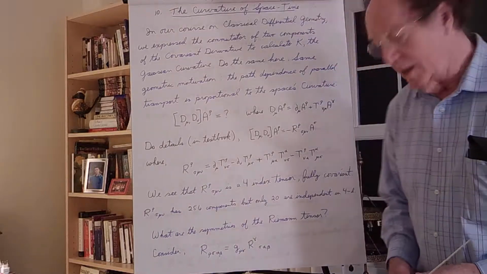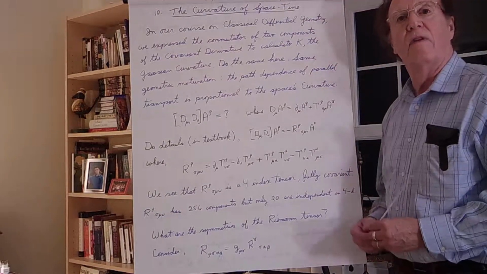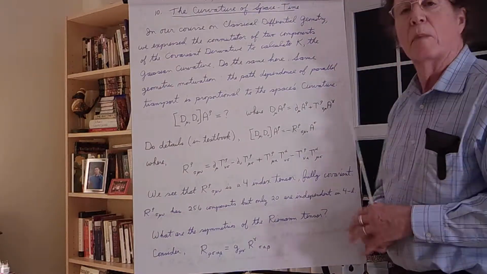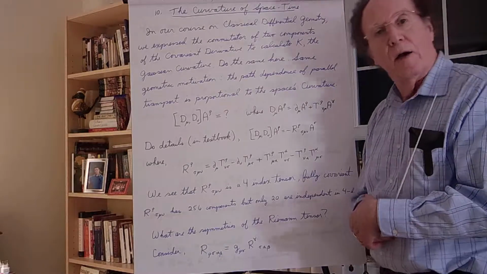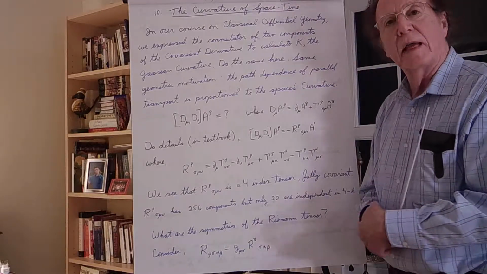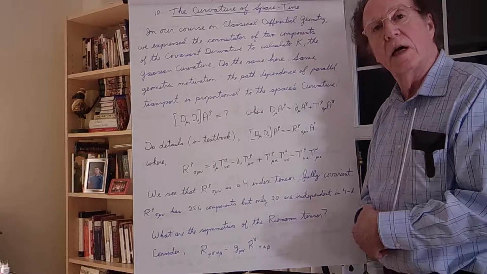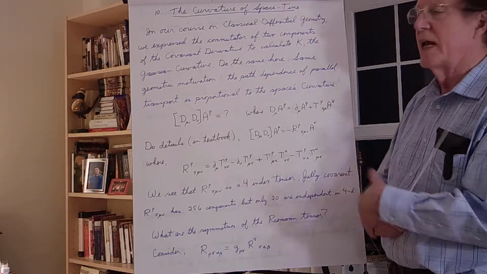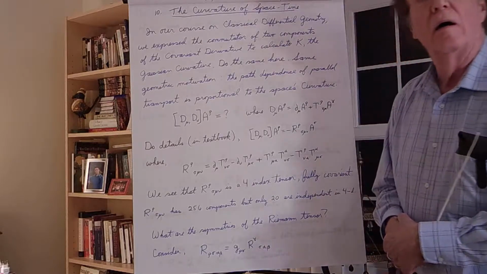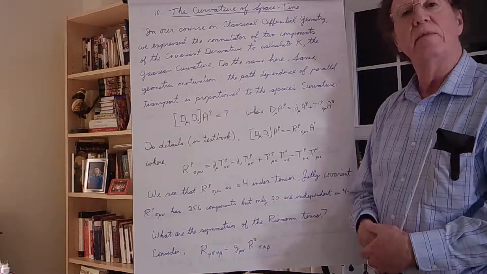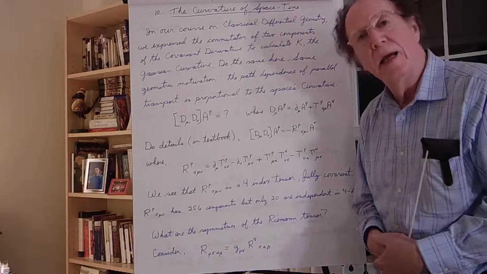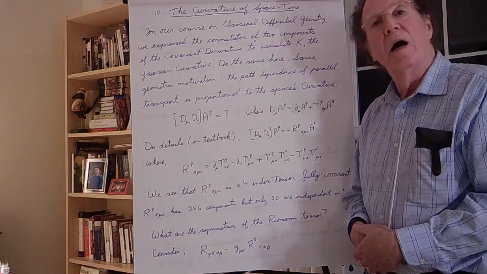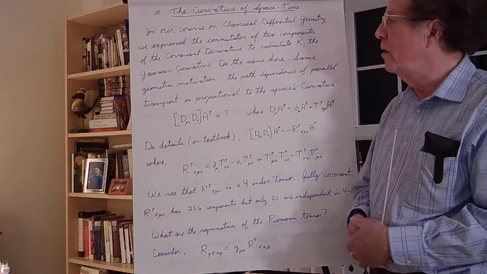Okay, so let's continue developing our formalism for general relativity. Now, I hope that you've taken part in the lecture series on classical differential geometry, because that really sets the stage for what we're going to do here. In classical differential geometry, we discuss holonomy, and we discuss the definition of the Gaussian curvature in those terms.